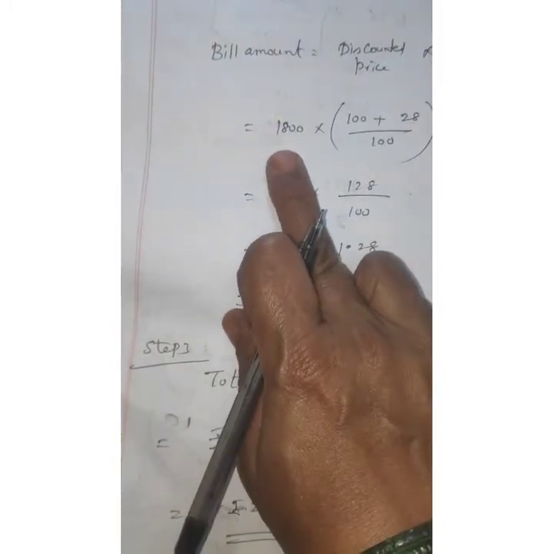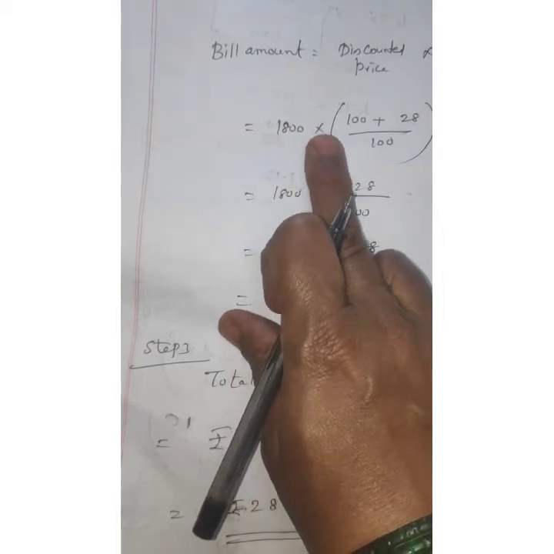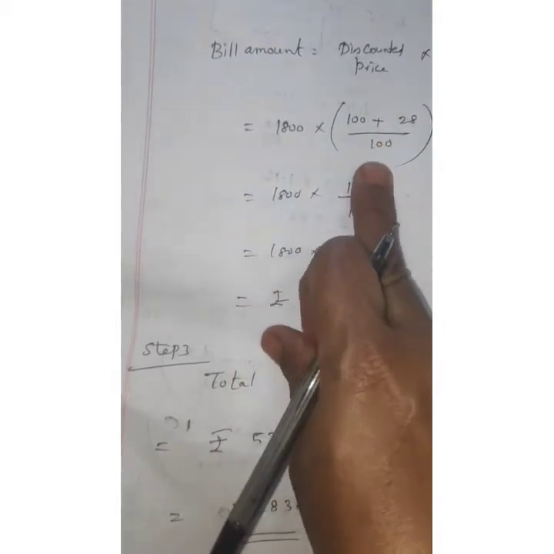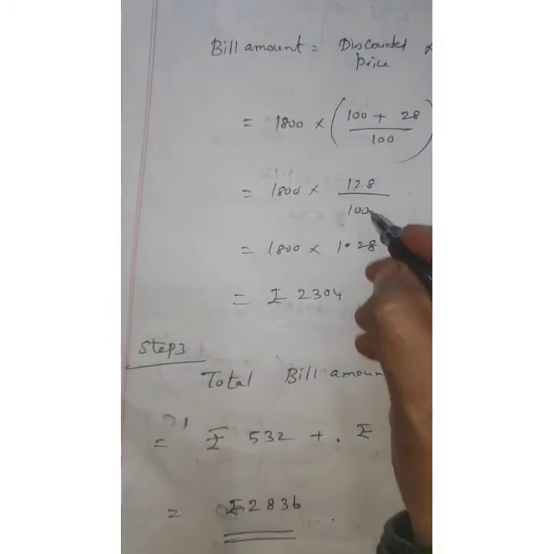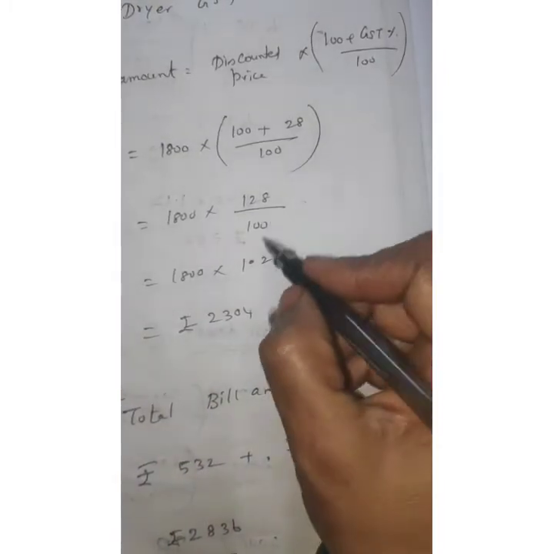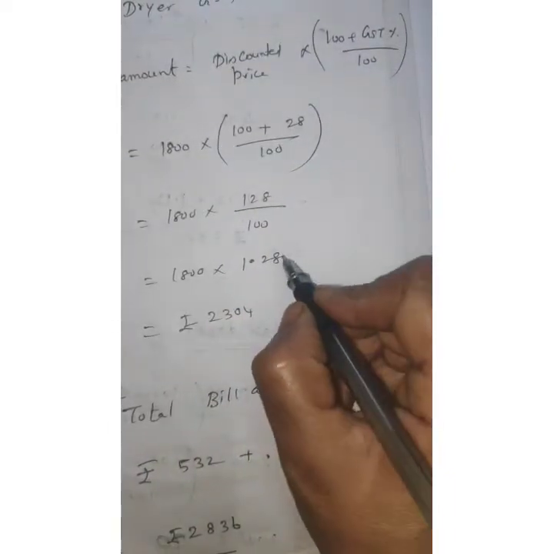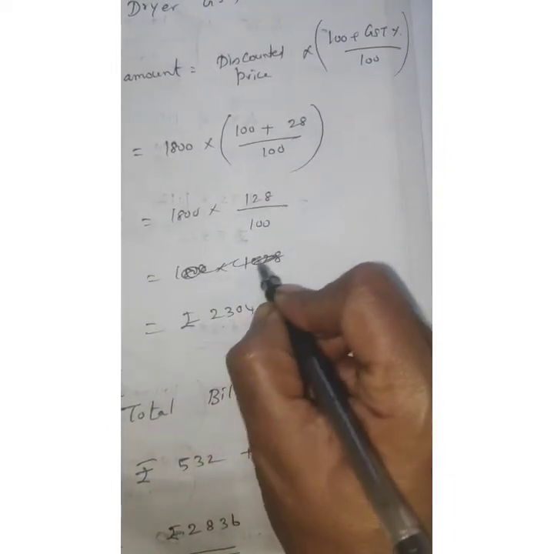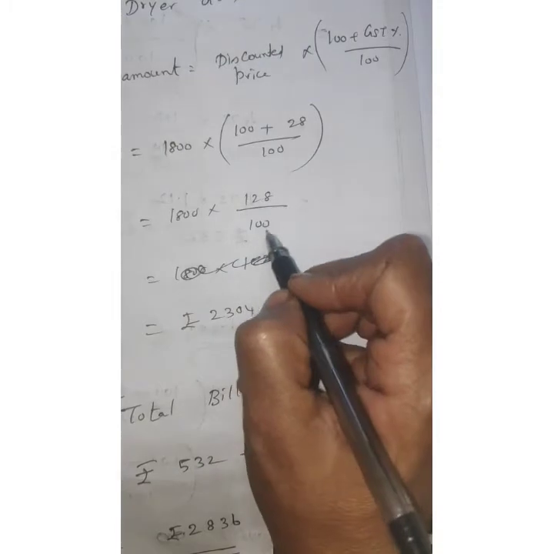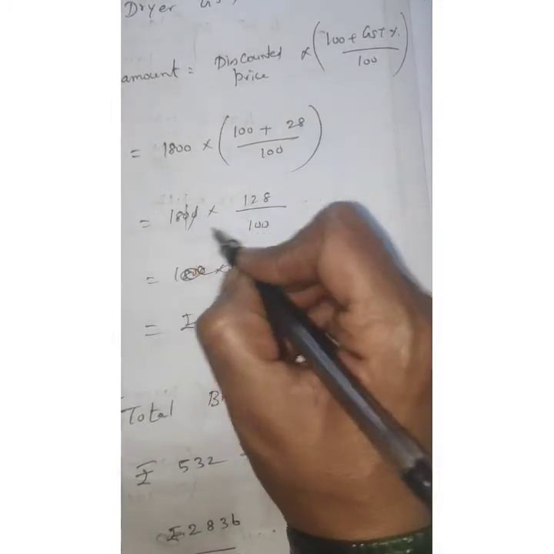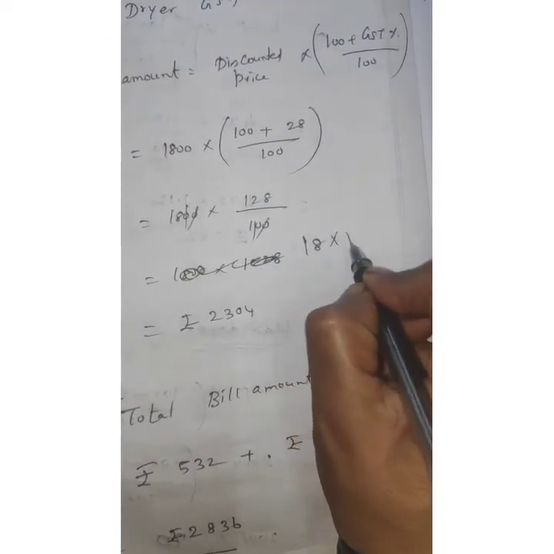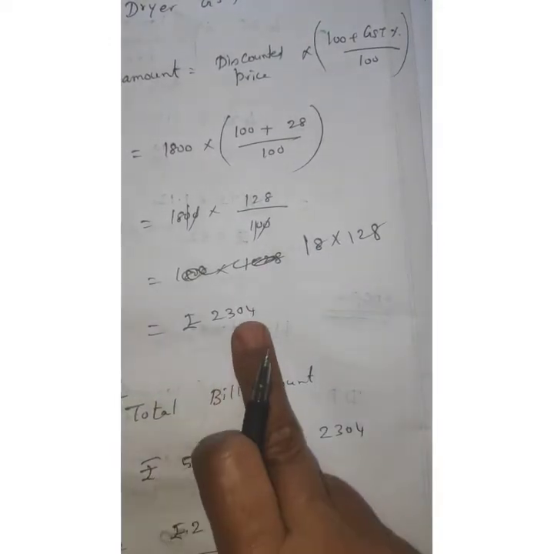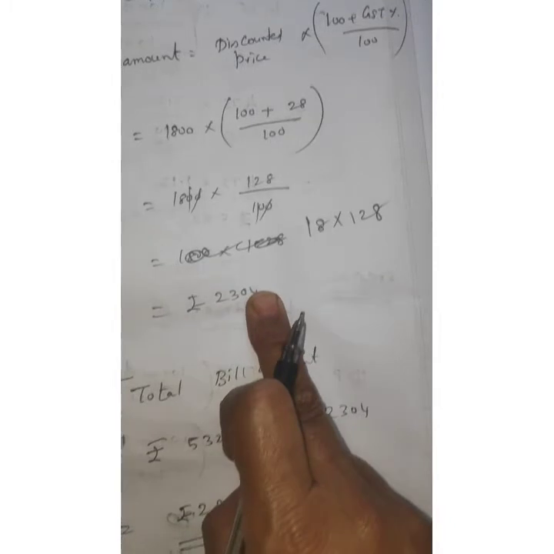Discount price is 1800 into 100 plus 28 divided by 100. 100 plus 28 equal to 128 divided by 100. Easy method: cancel the two zeros of 100 and 1800. 18 into 128, multiply and get the answer equal to 2304 rupees.